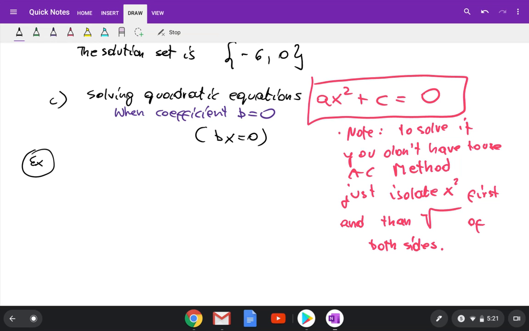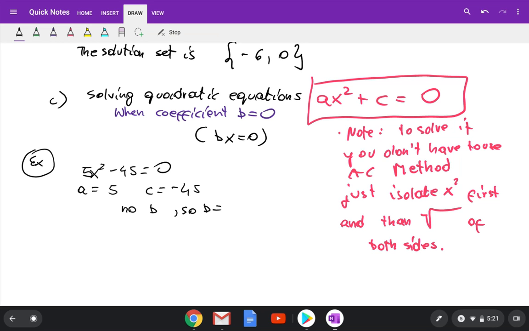Okay, so we're going to solve 5x squared minus 45 equals 0. So this is a quadratic equation. We have x to a second power. Coefficient a is equal 5. C is always the number which is by itself without x. It's equal to negative 45. So like you see, no b.